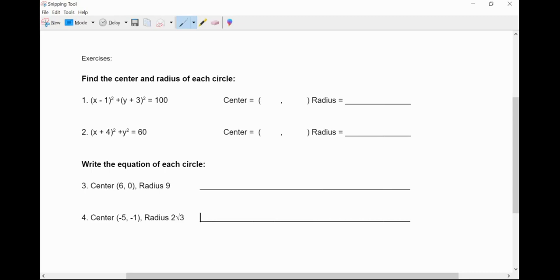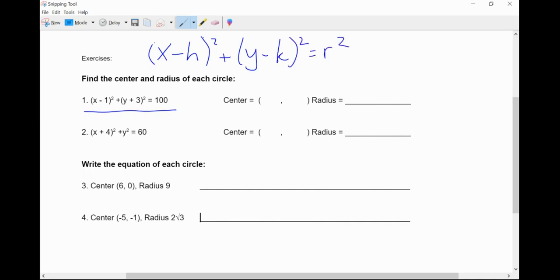Okay, let's do a few exercises. Find the center and radius of each circle. So here I have this equation. Now, remember, we are using the distance formula, x minus h squared plus y minus k squared equals radius squared. So the actual center is h, k.